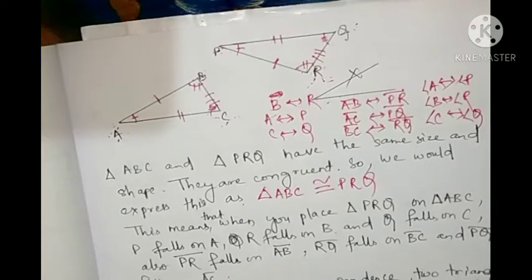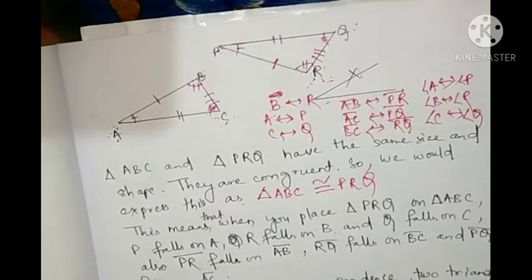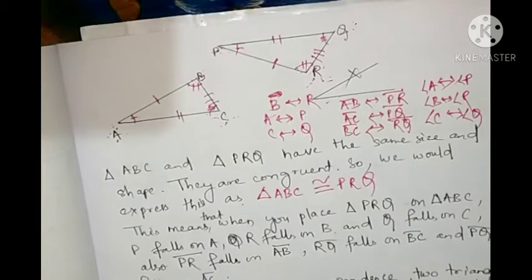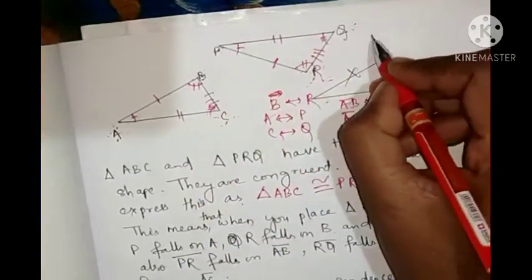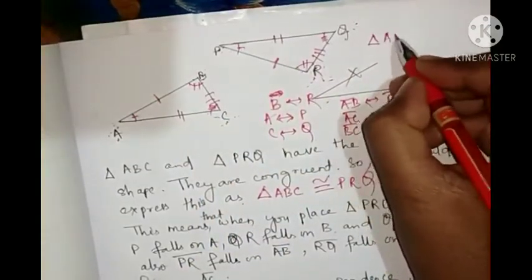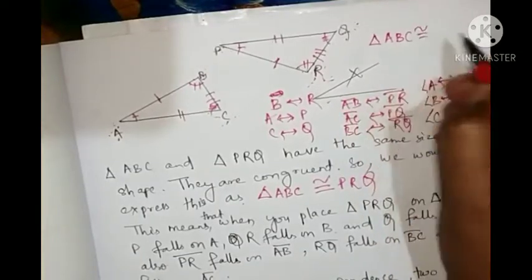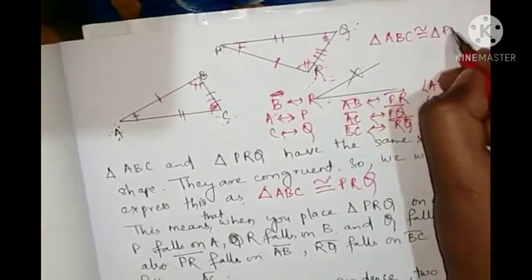If we change it from triangle ABC congruent to triangle PRQ to triangle ABC congruent to PQR, then the two triangles are not congruent, as it is important that all corresponding sides, angles and vertices are the same. So here we are writing triangle ABC is congruent to triangle PRQ.